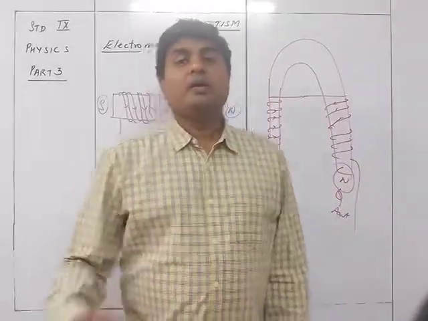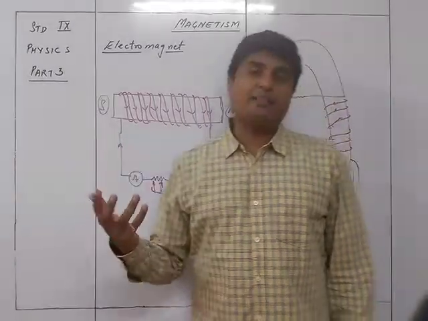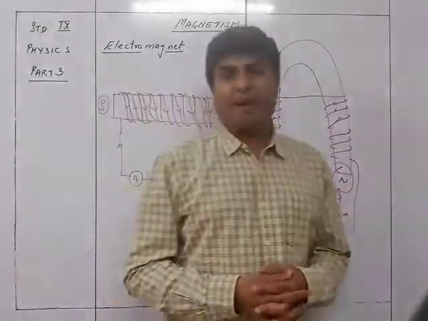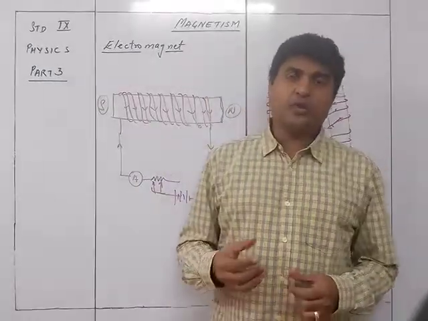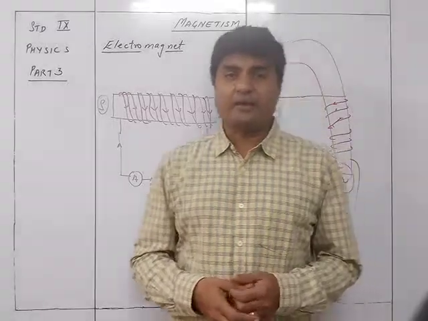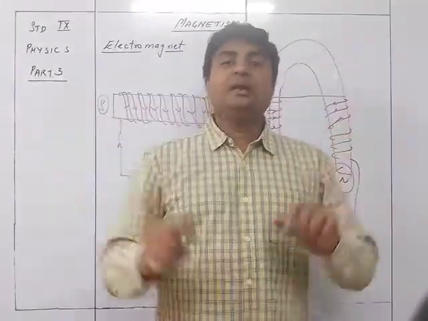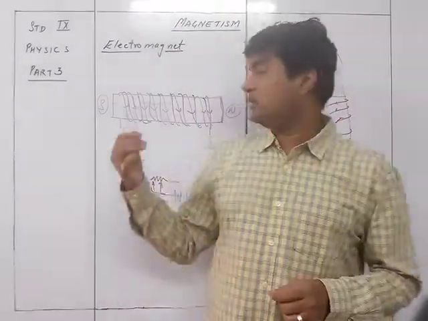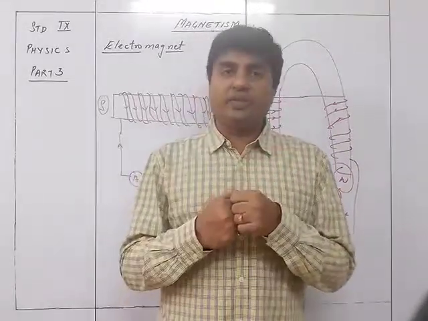Electromagnets with soft iron are temporary magnets, but we can also make permanent magnets by the use of electromagnets. What we do is that instead of using a soft iron core, we use a steel core. We understood that in the electromagnet, soft iron does not have that much retention of magnetism.